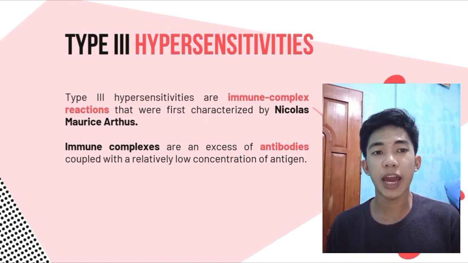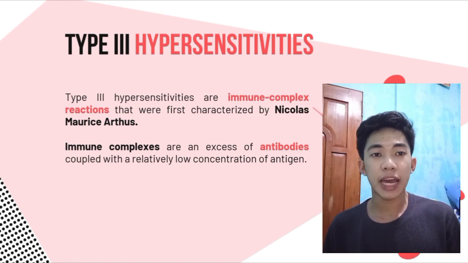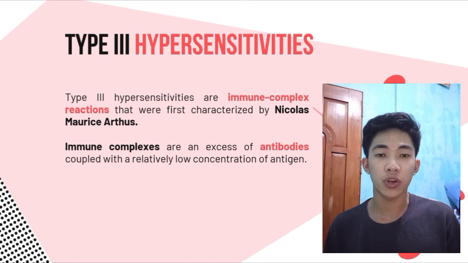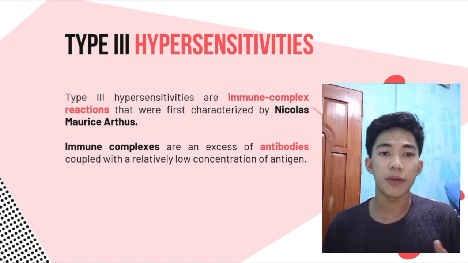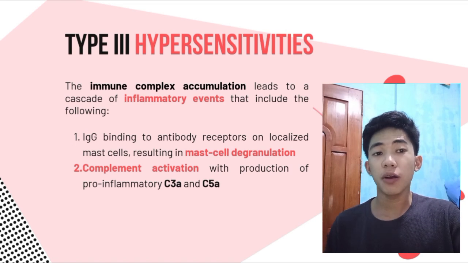So type 3 hypersensitivity is classified as an immune complex reaction because this hypersensitivity can lead to the formation or the accumulation of immune complexes in the body. The immune complex accumulation leads to a cascade of inflammatory events that include the following.